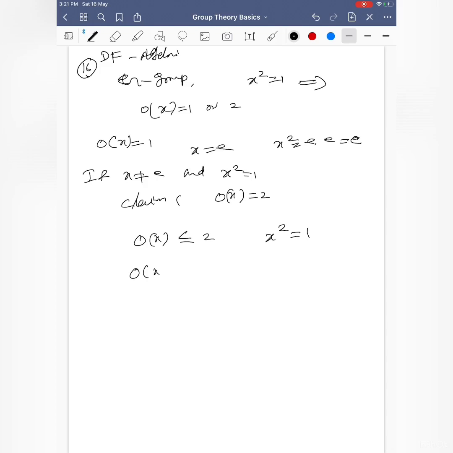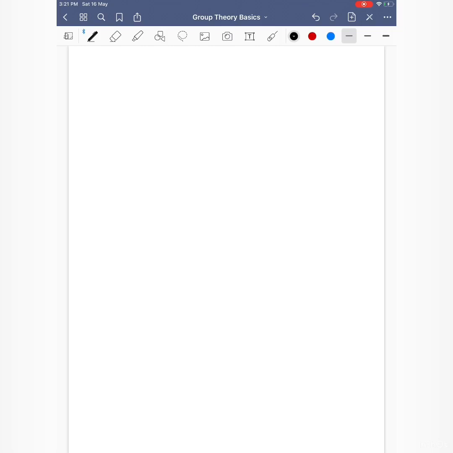Clearly the order of x cannot be 1. Why am I saying that? Because x power 1 equals identity means x equals identity, but I have taken x not identity, so that implies the order of x must be 2. So this is one of the exercises in Dummit and Foote, very easy.